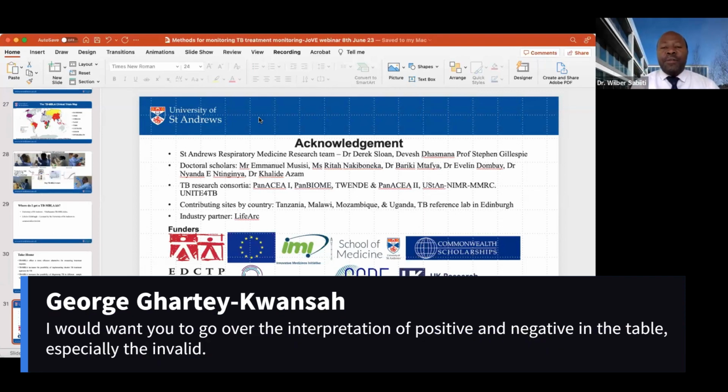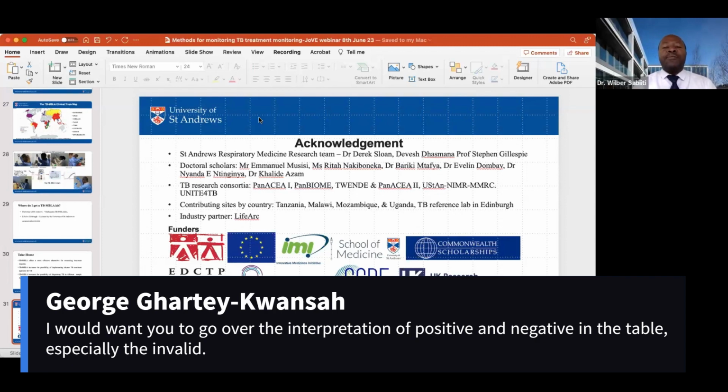I would want you to go over the interpretation of positive and negative in the table, especially the invalid. Okay, in the interest of time, I may not go to that slide again, but what the invalid result is: if the MTB channel is negative and the extraction control channel is negative, then it means that we are not sure whether the negative in MTB is because the extraction process was not effective, because the extraction control has not been retrieved from the sample.